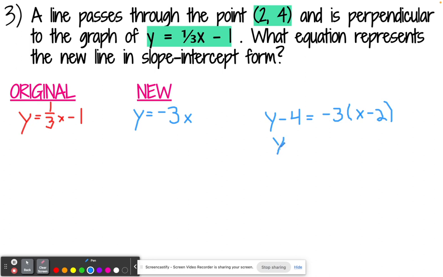So this is y minus 4 equals -3 times x minus 2. I need to distribute. -3 times x is -3x. -3 times -2 is a positive 6. Last step I need to do is just add 4 to both sides.